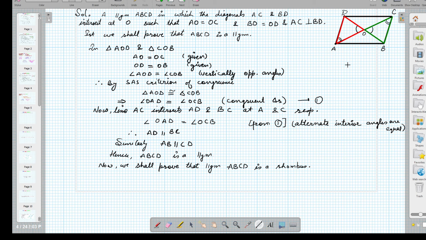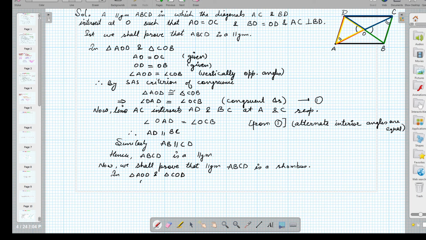One is the triangle AOD, the yellow triangle, and another triangle we are going to consider is COD. So we are considering these two sides because हमें sides को equal prove करना है. So we are considering the yellow one and the blue one, the triangle AOD and the triangle COD.